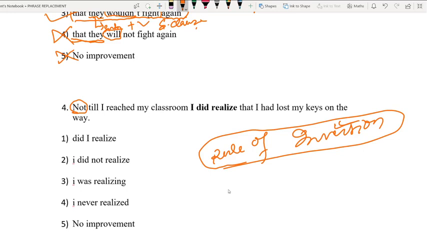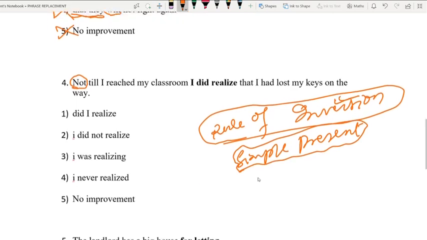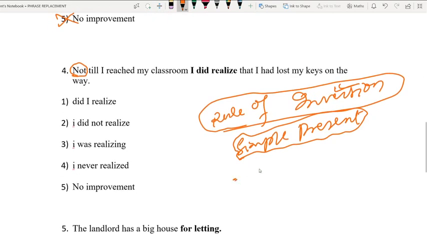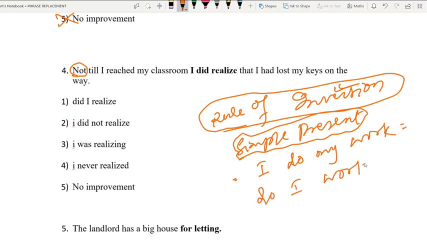I just gave you some clues right now. You must have understood. The rule of inversion of simple present tense structure: let's say "I do my work" should be written as "do I work", because the helping verb of a particular sentence, depending upon the tense of that sentence, should be placed before the subject.